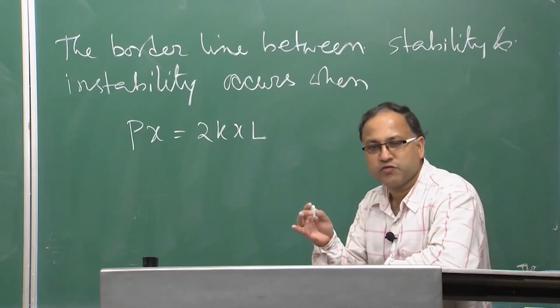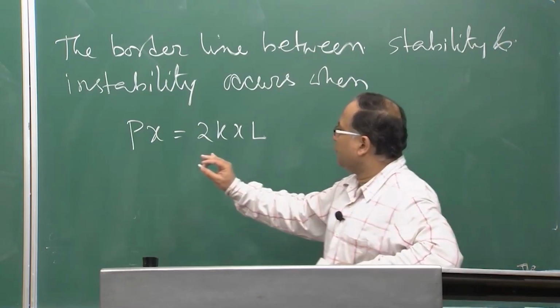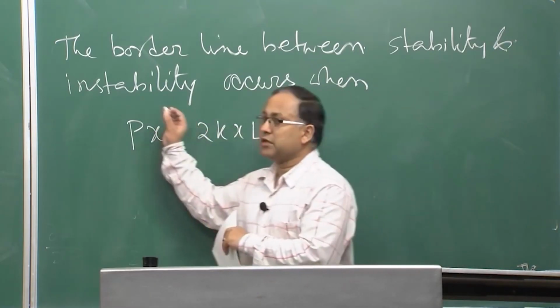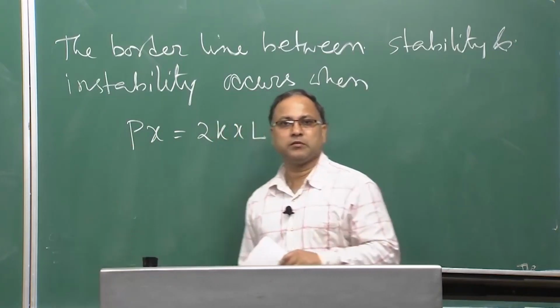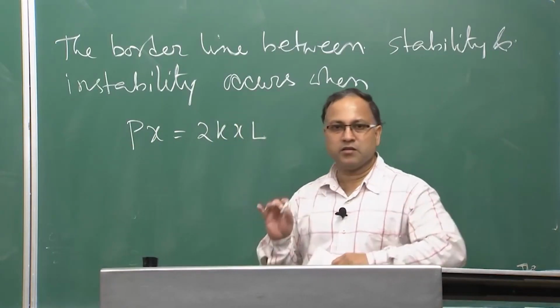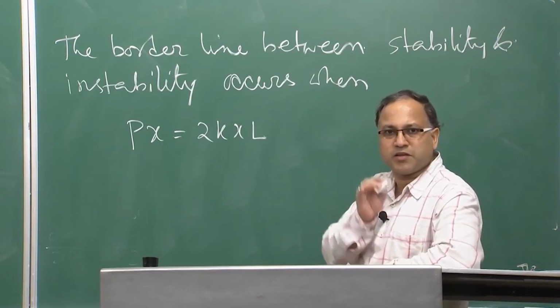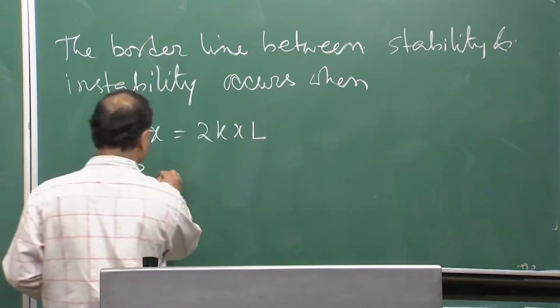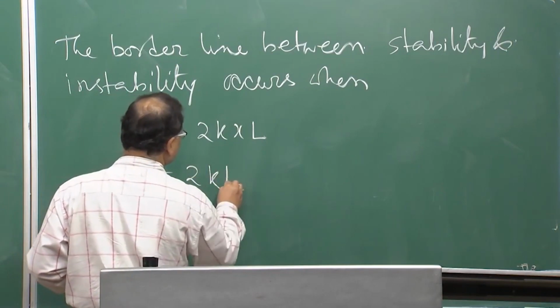That is the borderline situation: if you further increase P, it will go to instability. If P is a little bit lesser than this, then your system will be completely stable. So, this P is equal to twice KL.